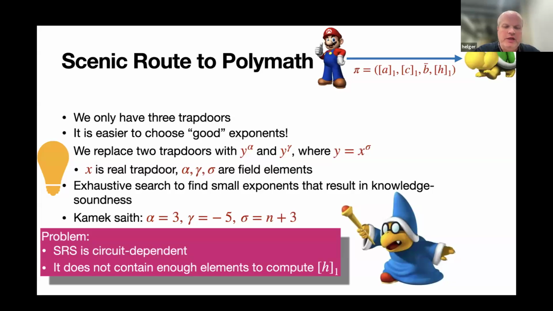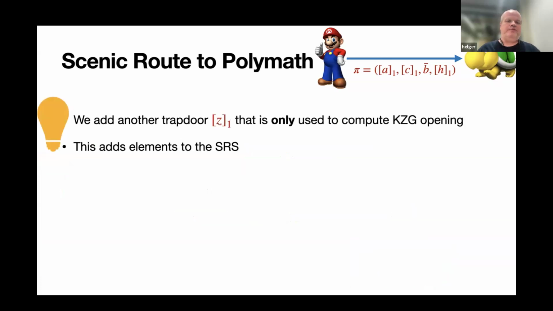And now we are almost there, but we still have the final problem, namely the structured reference string is circuit dependent, which means that it lacks some degrees of the monomial, which means that this SRS is not sufficient to be able to compute the KZG opening proof.